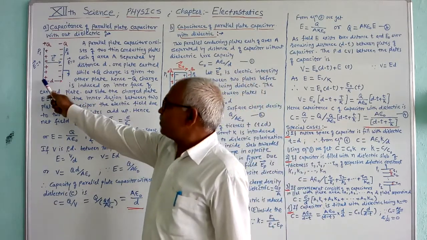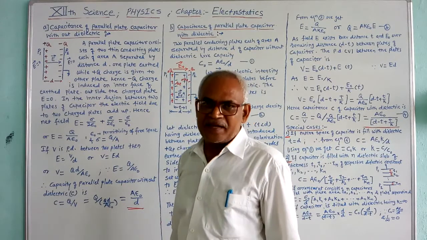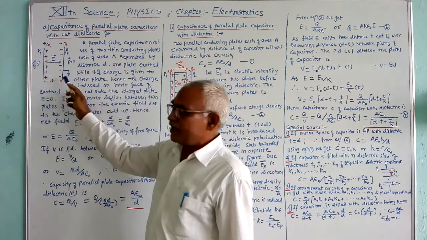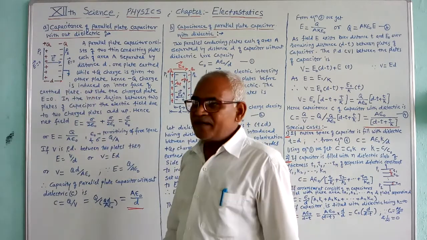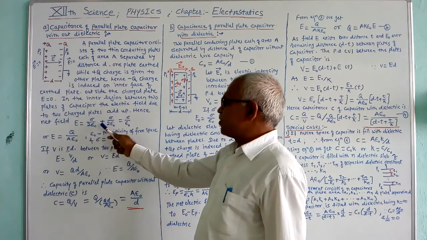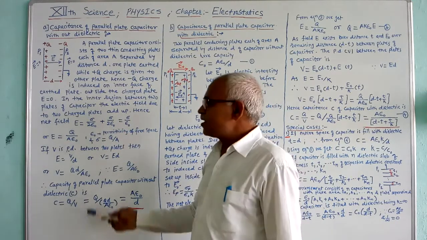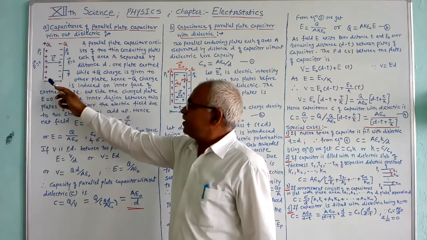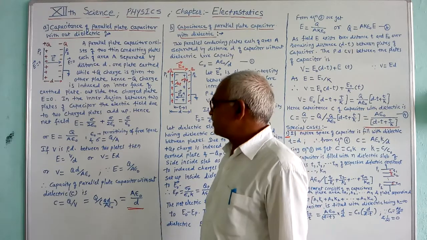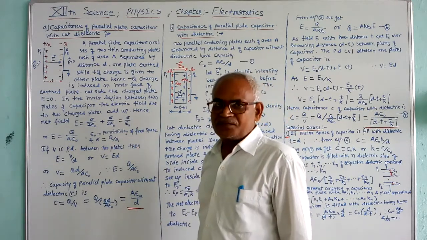As here there are two charged thin conducting plates, the electric intensity between these two charged plates is E equals sigma upon 2 epsilon 0 plus sigma upon 2 epsilon 0. That is the sum of the electric intensity due to these two charged plates, or it is equal to sigma upon epsilon 0.